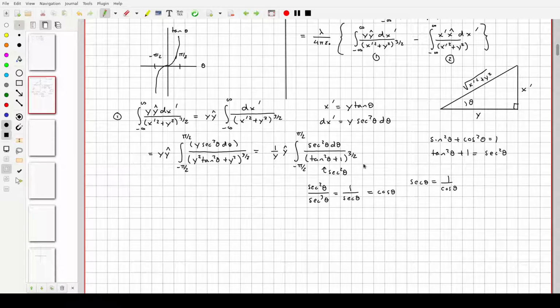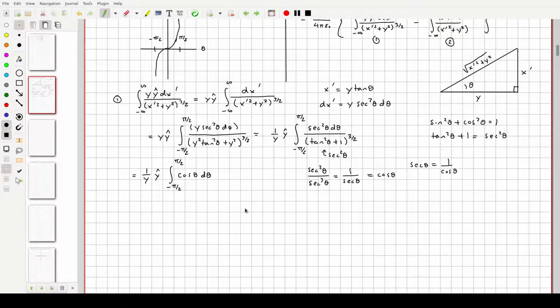That's the power of trig substitutions. So here, 1 over y hat, integrated from minus pi over 2 to pi over 2, cosine of theta d theta. And that's what we're integrating.